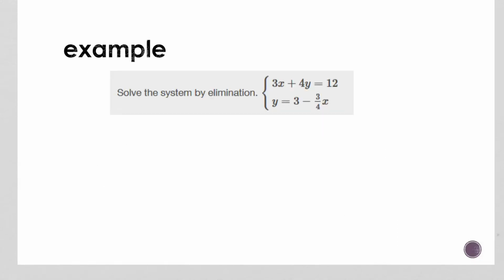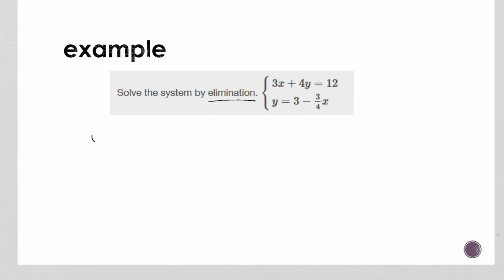Okay, so for this one, they still want us to solve the system by elimination. But this one is written in slope-intercept form. Well, kind of. If you swap these two places, it'll be in slope-intercept form. This one is standard form. But it's easier to do elimination when both equations are in standard form, okay? So let's turn this one into standard form.